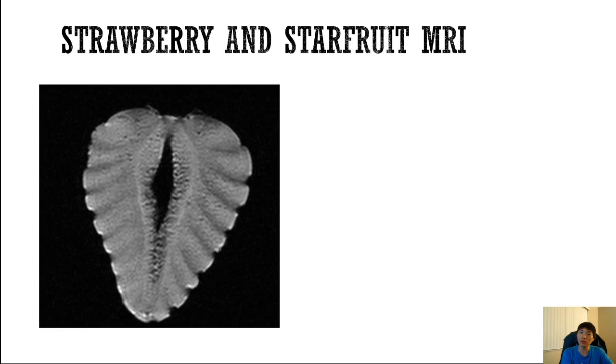You don't see the seeds, because the seeds tend to be hard and dry, and so you don't have very much water in the seeds. Because your signal comes from water, the seeds look more or less invisible on MRI, but you can see the indents, the places where the seeds should go on the surface of the strawberry.